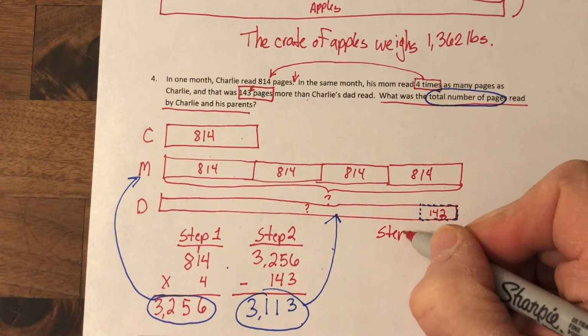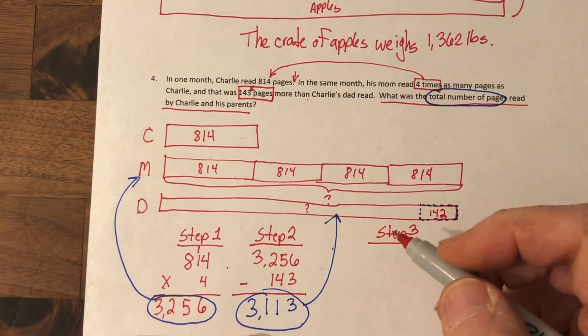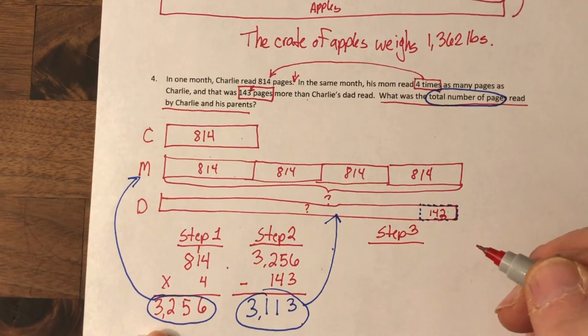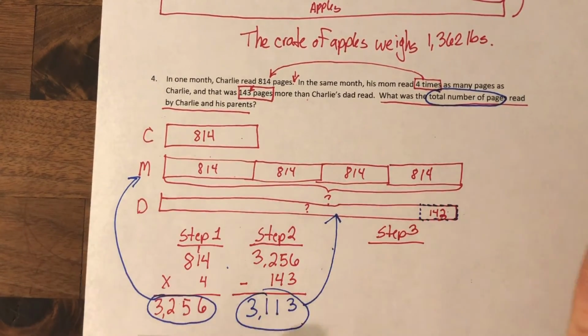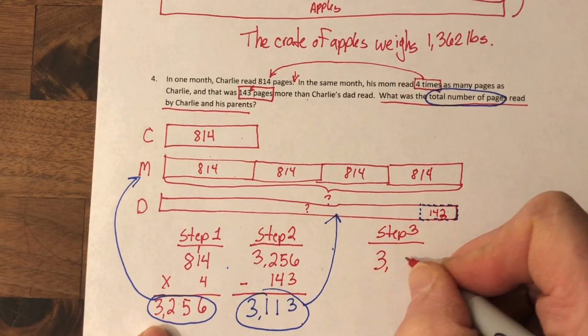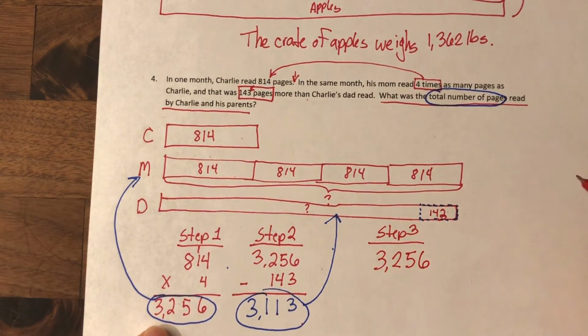Step 3. Actually, I'm going to go with the highest number. Mom read, I always like to put the highest number on top, even though in addition it doesn't matter what order I put them in. So Mom read 3,256 pages.